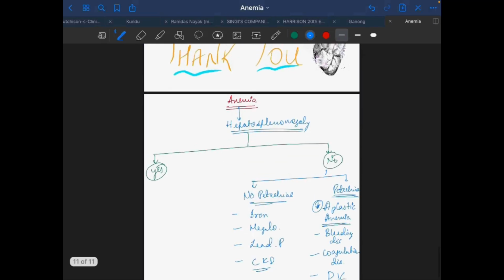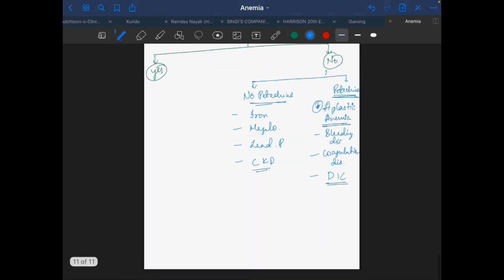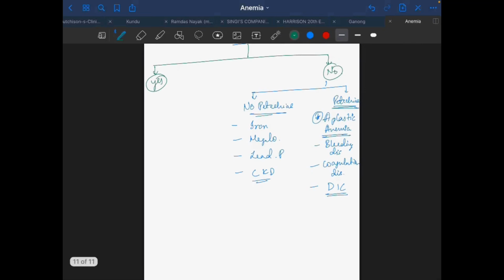So if hepatosplenomegaly is present, then you have to look for lymphadenopathy in the child. So if lymphadenopathy is absent, then you only have hepatosplenomegaly.